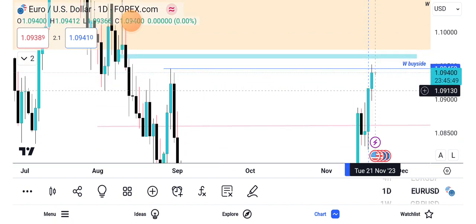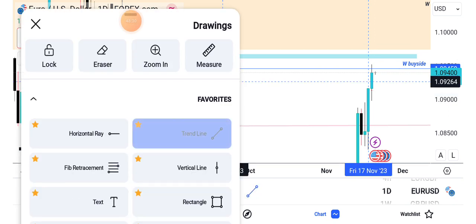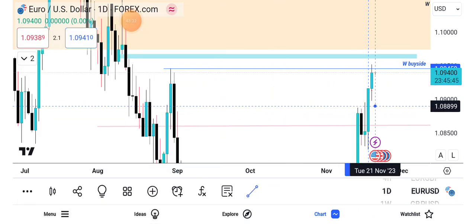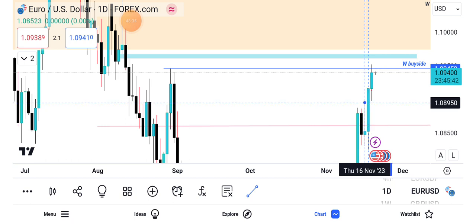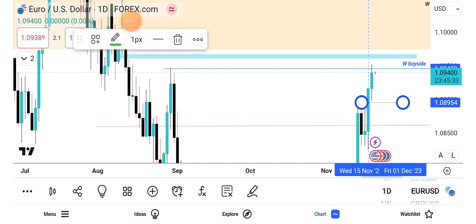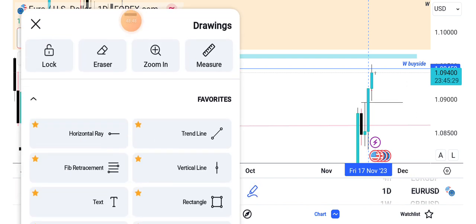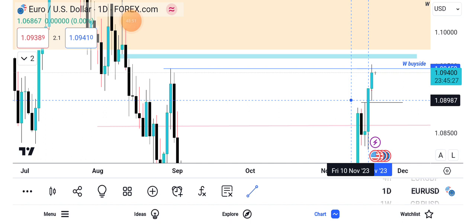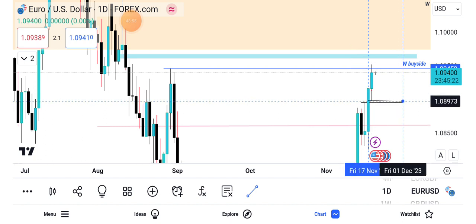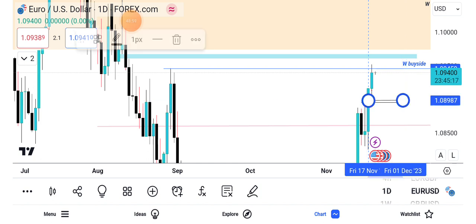Might we have this fair value gap. Yeah, this candle's high, and this candle's low.